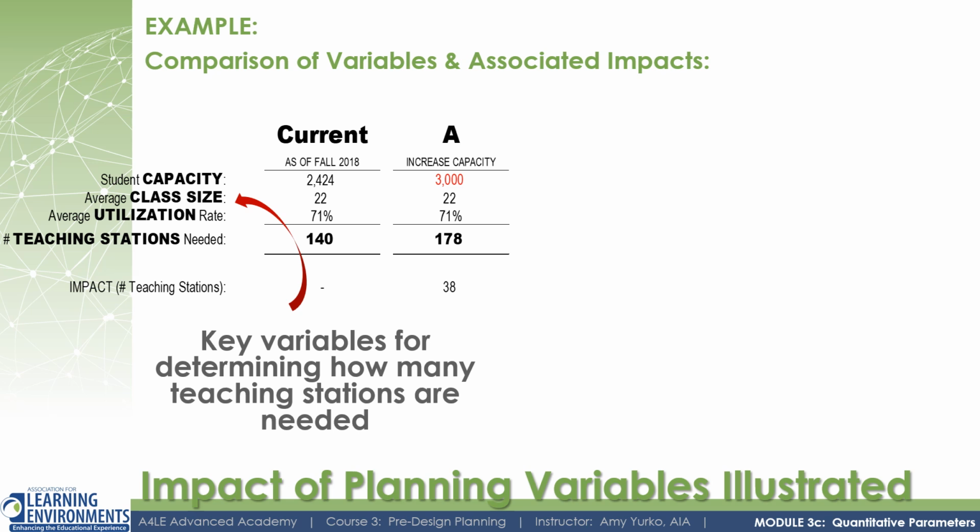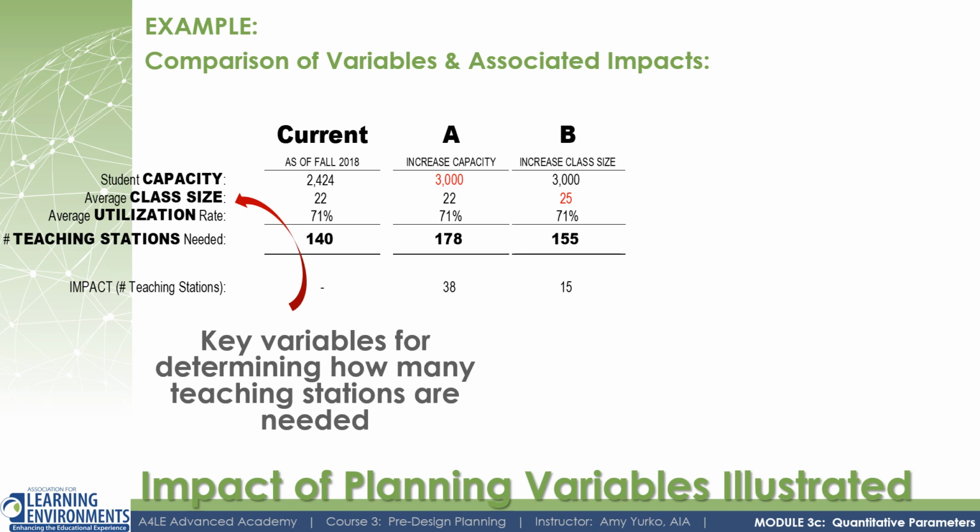So the impact, measured in teaching stations, is 38 additional teaching stations to accommodate that additional 600 students. That's a rather large addition. So we looked at what other ways we might adjust these toggles in order to help them not need to build such a large addition.